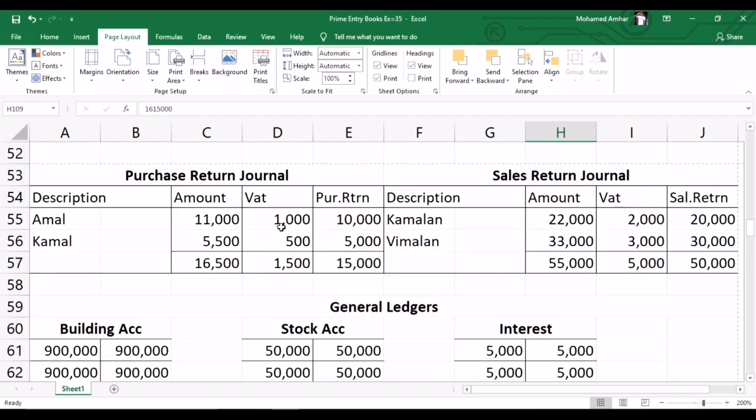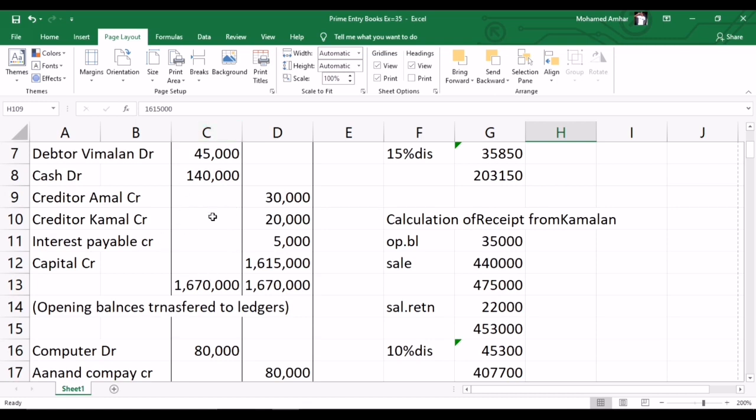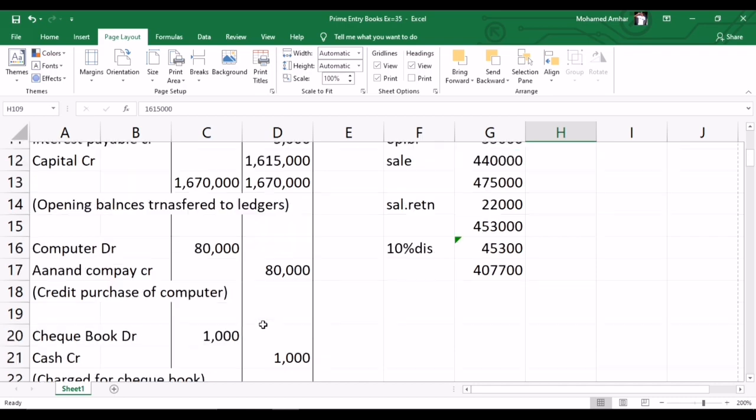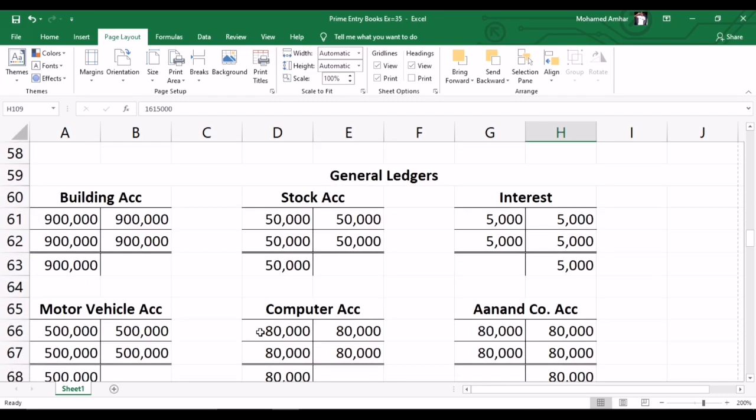Right, now from the general journal we transferred the opening balances, and then in the general journal second, the credit purchase of computer is recorded. That also should be transferred to ledgers. Computer account should be debited, Anand company account should be credited. Here computer account debited, Anand company account credited.